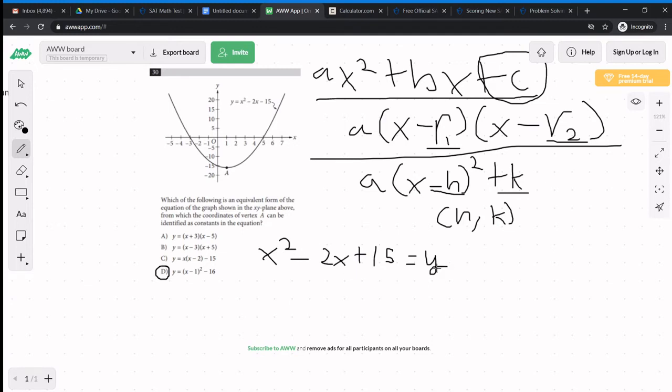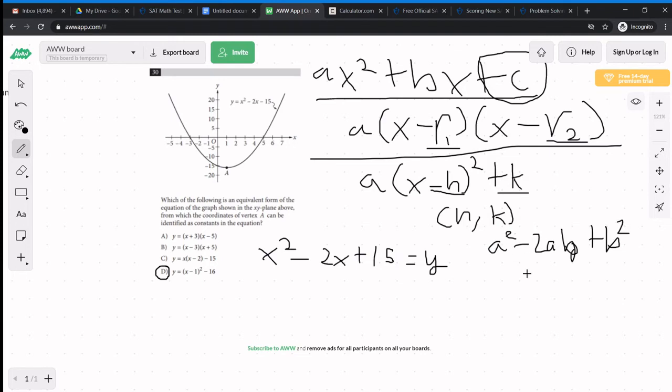And now we want to do something we call completing the square. In order to complete the square, we want to get this x squared and the single x into the form a squared minus 2ab plus b squared.